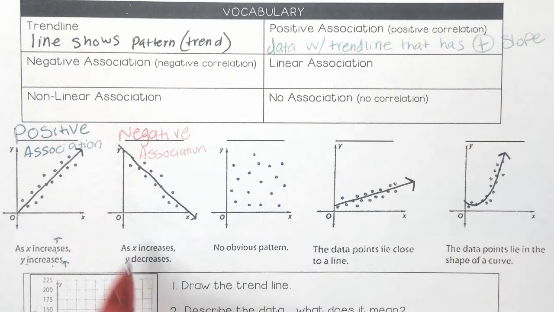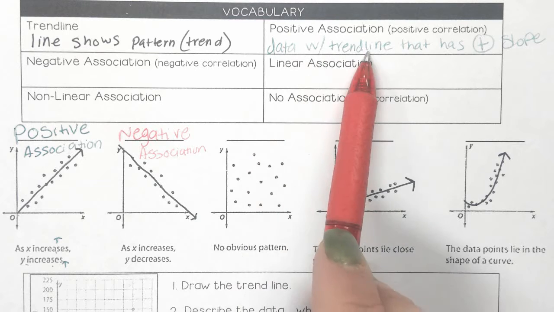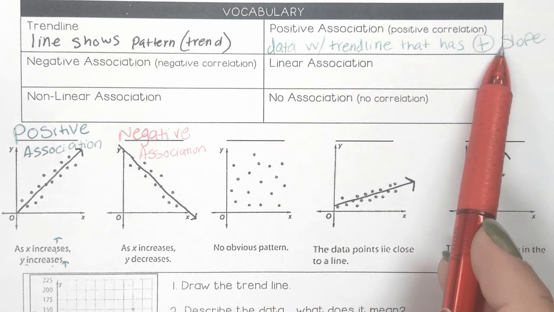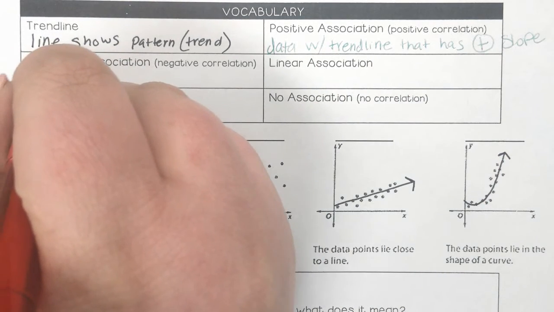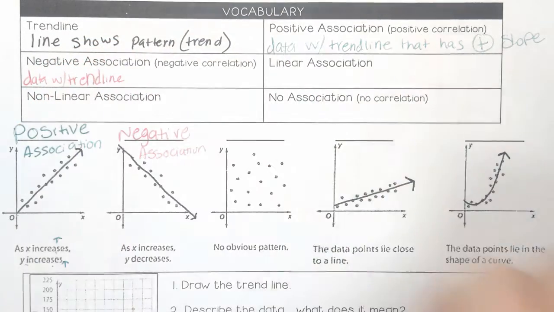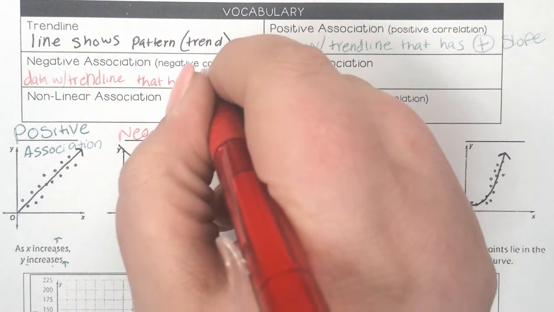If I defined positive association as data with a trend line that has a positive slope, then to define negative association, I would define it as data with a trend line that has a negative slope.